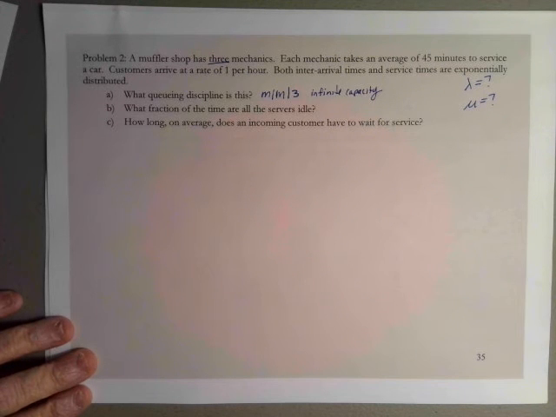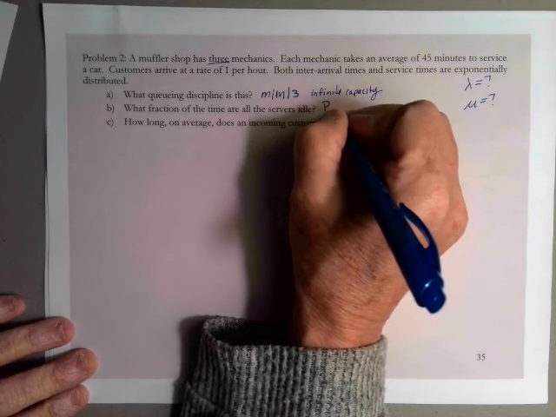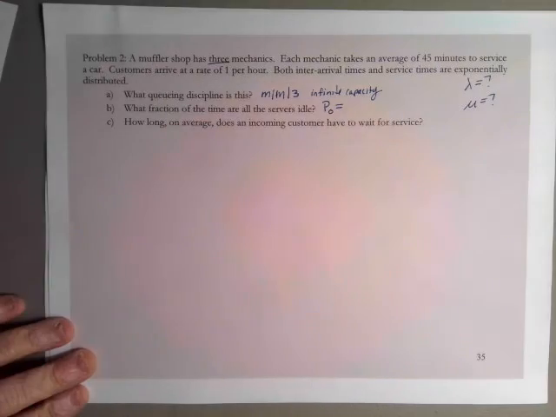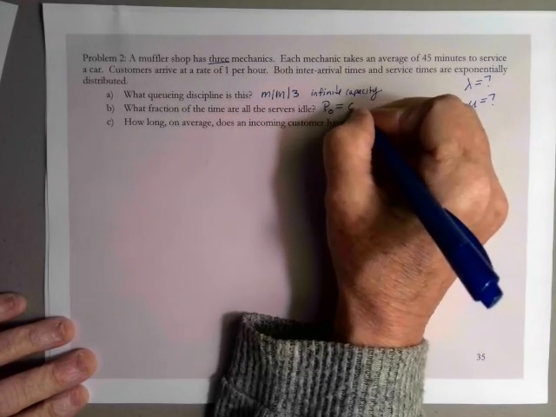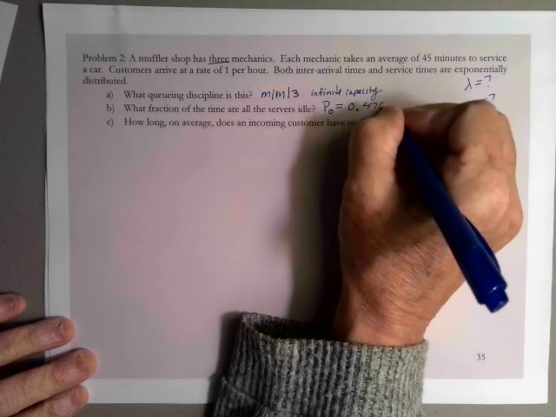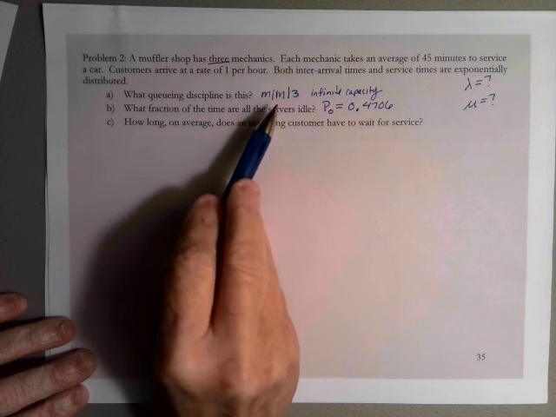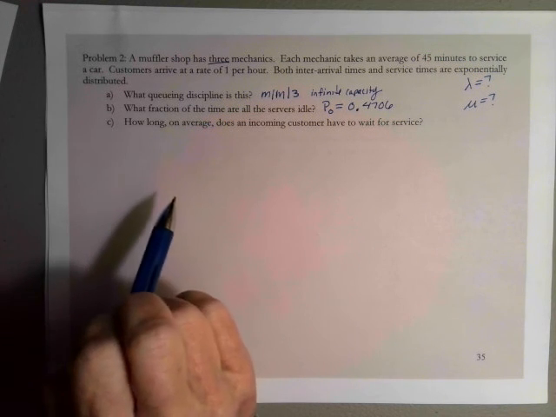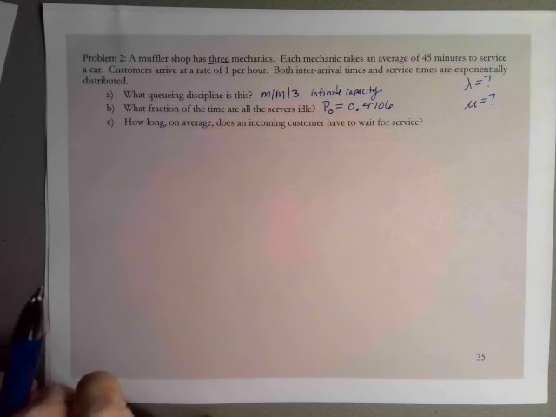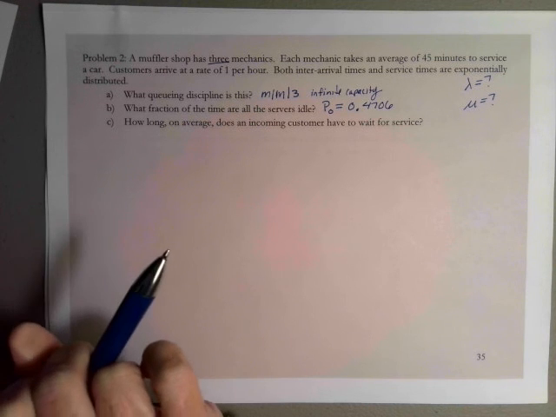Part B says, what fraction of the time are all of the servers idle in this case? They're asking for P0, and if you run those numbers, it will be 0.4706. And C says, how long on average does an incoming customer have to wait for service? You have equations for this, but just go ahead and use the website for that.